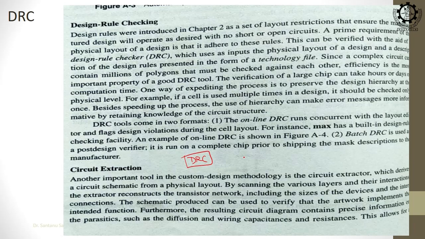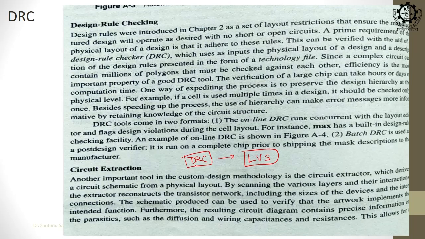Then the next step is to match your layout with your schematic. Now, your design could be error free, but suppose some connection could be wrong, so schematic wise it may not match. So, the next step is to do the layout versus schematic matching. Okay.